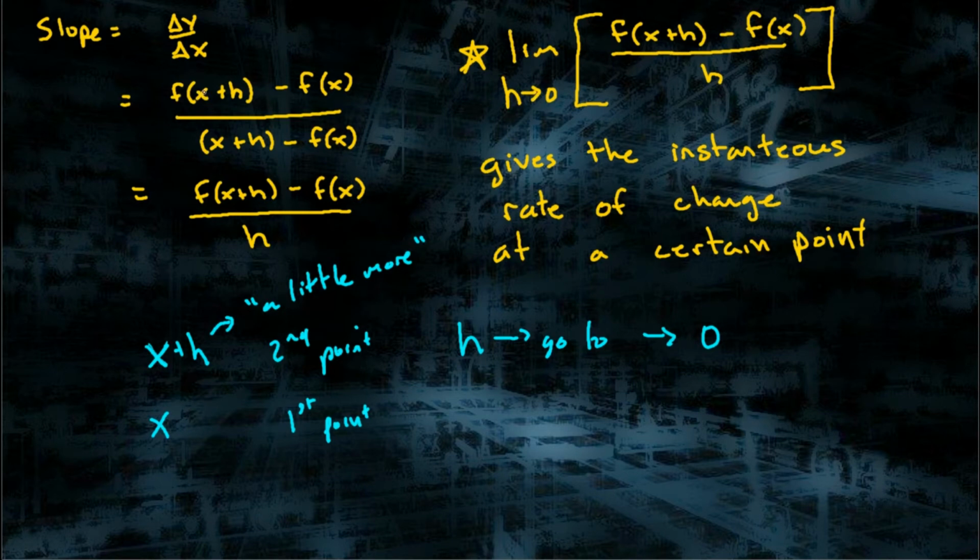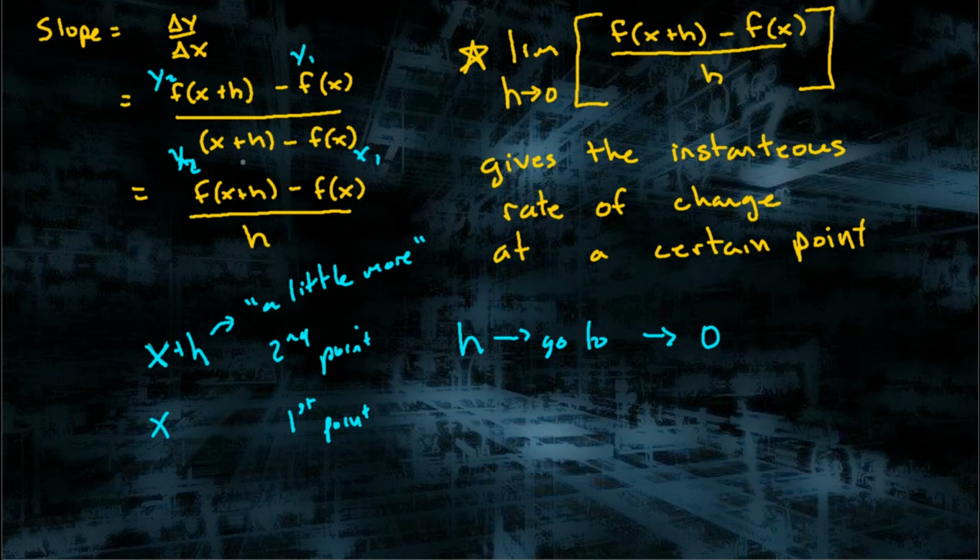So here I've substituted in, so change in y. So that would be f of x plus h minus f of x all over x plus h. This would be x2, sorry. And this would be x1. And this would be y2. And this would be y1.